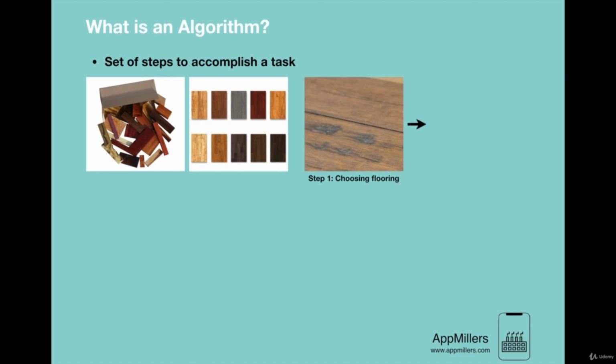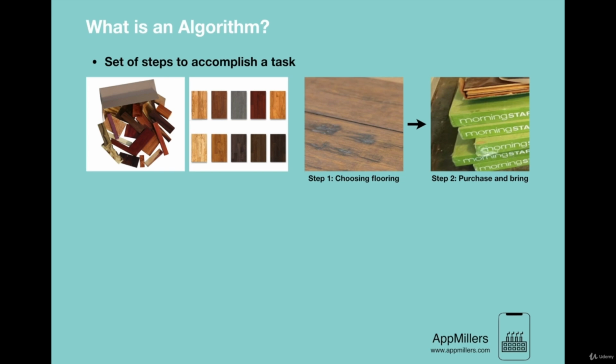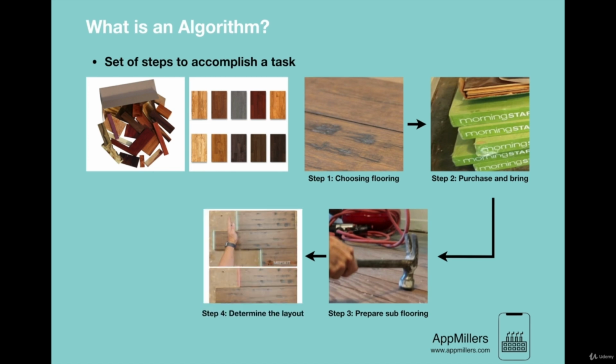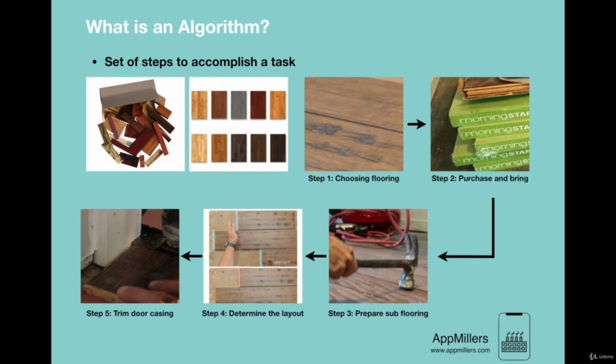Then we need to purchase it and bring it home. The next step is to prepare the subflooring. And the next thing you need to do is determine the layout of the flooring in the space. Finally, we trim the door casing and our floor is ready. So as you see, we have completed a set of steps to accomplish our task of flooring.